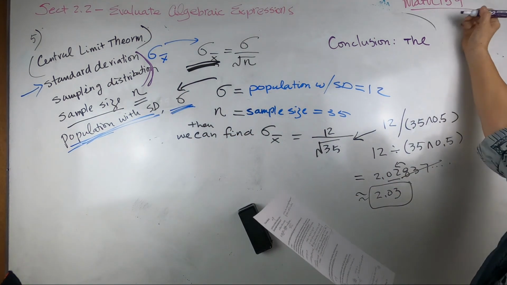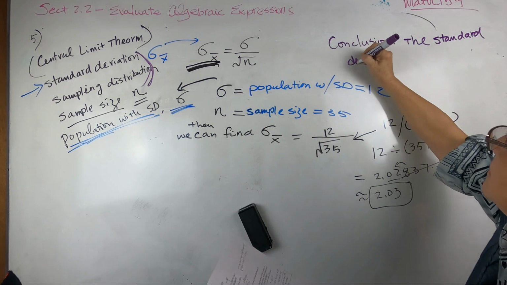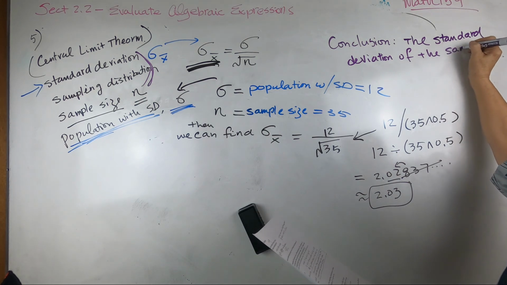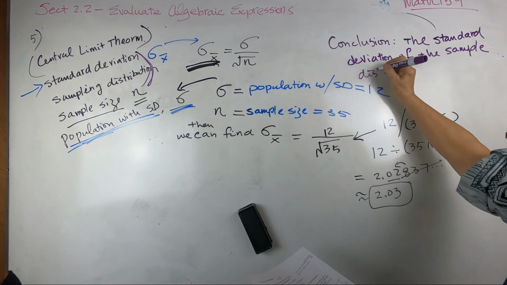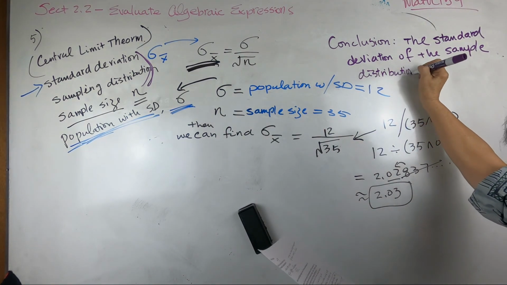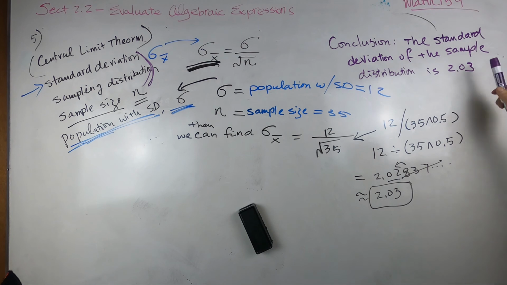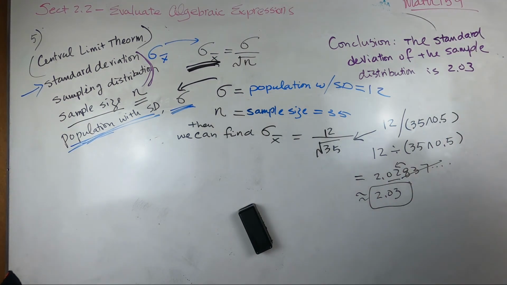So you will say the standard deviation of the sample distribution is 2.03. Okay, you still don't understand what the standard deviation, speaking of how much it deviates from something, of the sample distribution is 2.03.